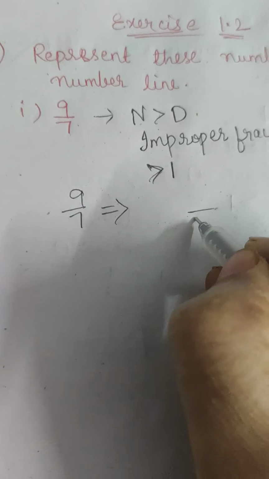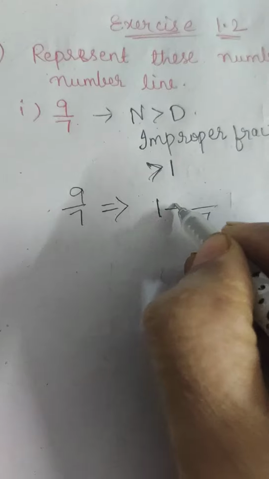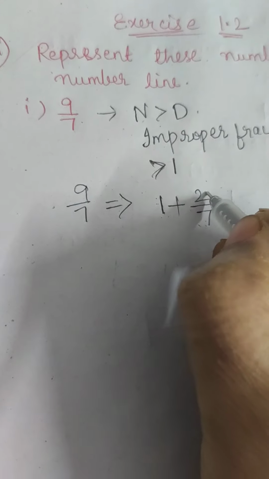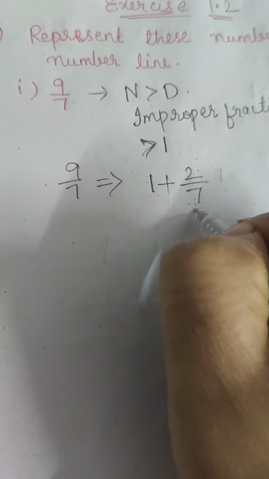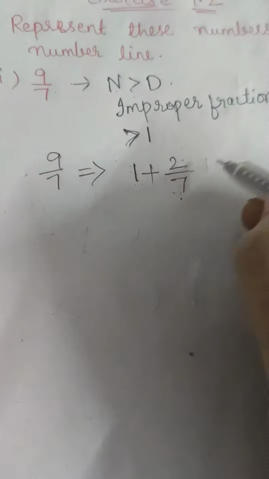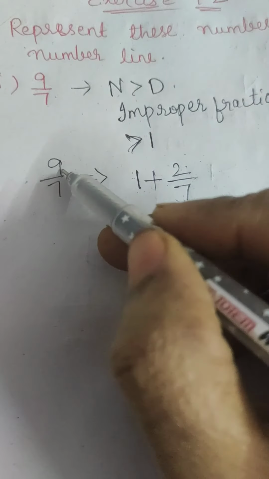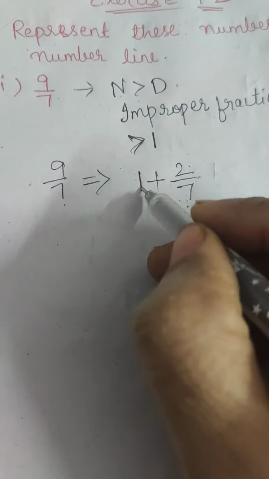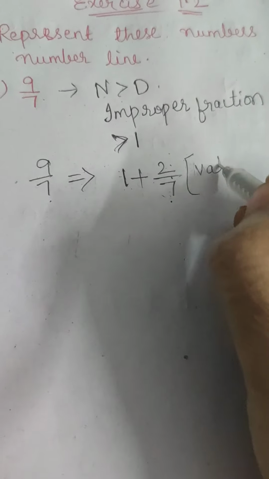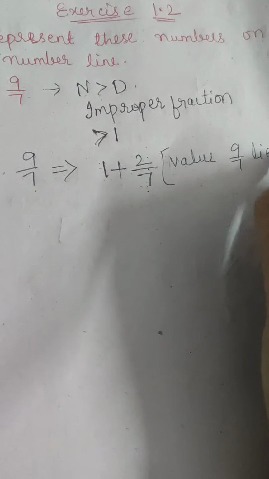Denominator 7, 7 ones are 7, plus 2 gives 9 by 7. Now we convert it into the mixed fraction. By seeing this mixed fraction we can understand that this value 9 by 7 lies between 1 and 2.